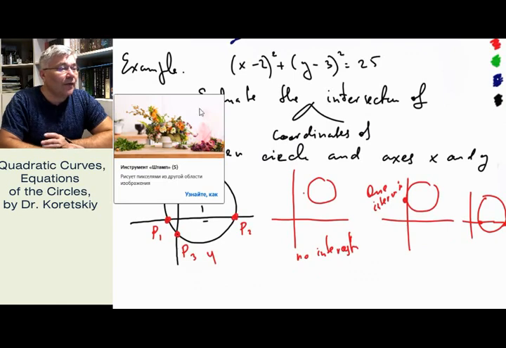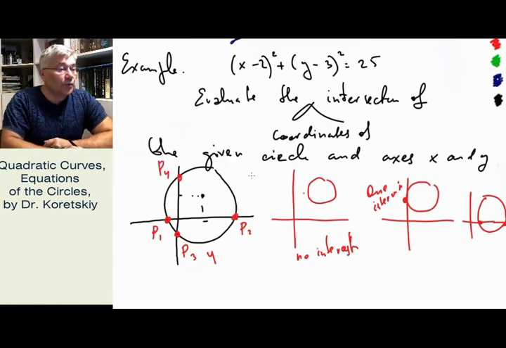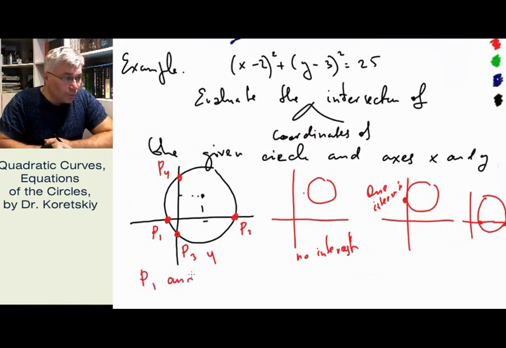We can find out these intersection points. If it is about P1 and P2 points, we know that y equals 0 here, because both of these points lie on the axis x.